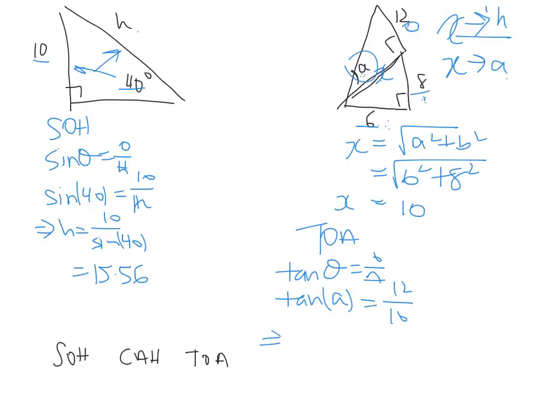So from there we imply that a equals the inverse tan of 12 over 10. Plugging this straight into CAS, we'll find that our angle ends up being 50.19 degrees.